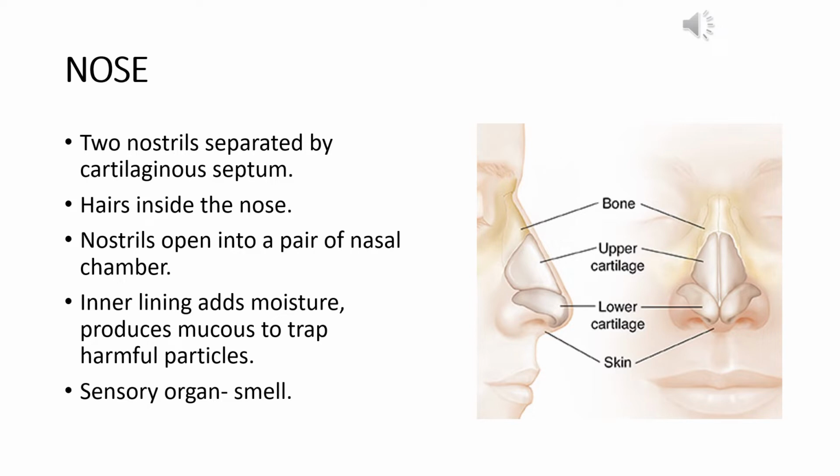There are hairs present inside the nose, and those hairs capture external dirt or dust particles that enter the nose with the inhaled air. The nostrils open into a pair of nasal chambers running the length of the nose, and they again open into a common passage that we will discuss in the next slide.